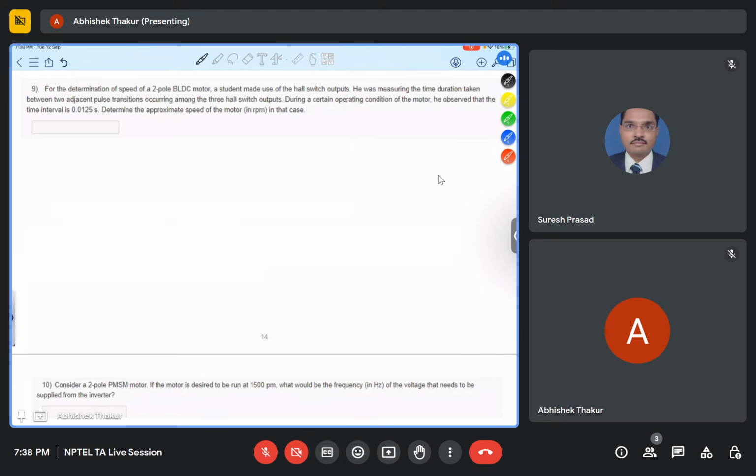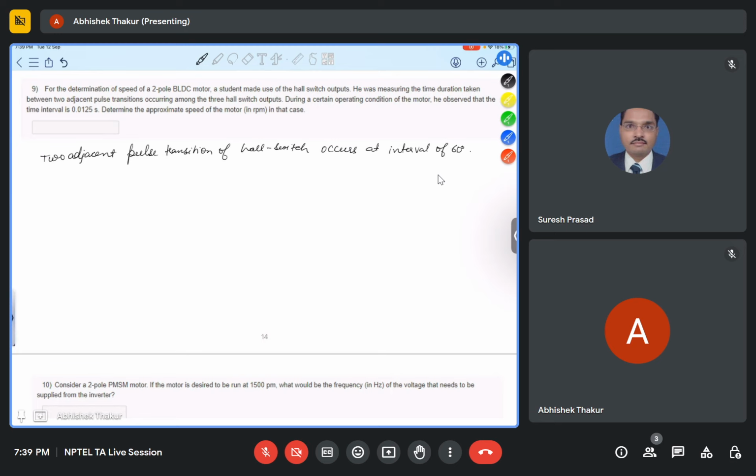So two adjacent pulse transitions of the Hall switch occur at an interval of 60 degrees.